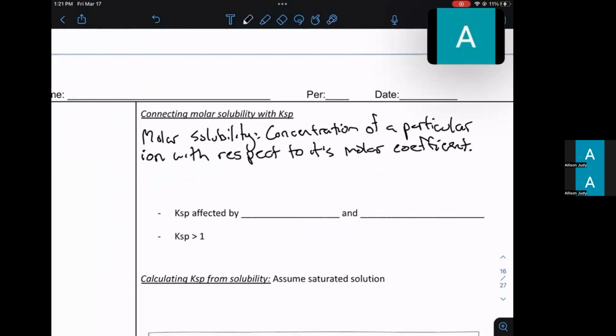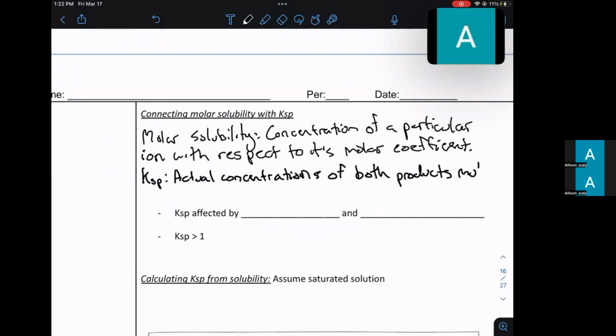And then Ksp is sort of similar. It's a metric of how much something dissolves, but Ksp is based on the actual concentrations of both products, regardless of their molar ratio, multiplied together and raised to their molar coefficients. So these are going to be different values.